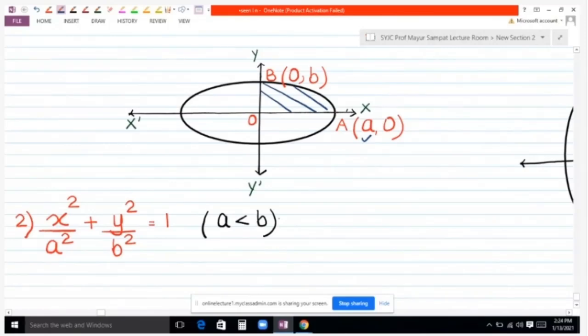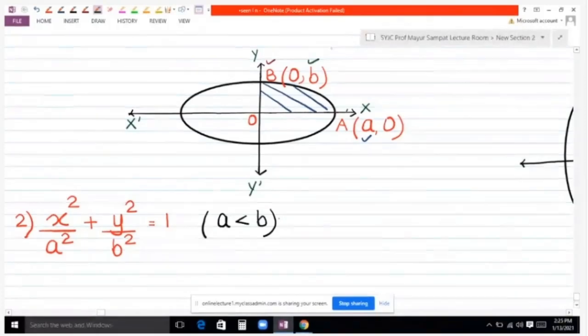Tell me, when I talk about the term y-intercept, what will be its meaning? The y-intercept is the point where the ellipse intersects the y axis, at the point B. In that point B, the y coordinate represents the y-intercept.